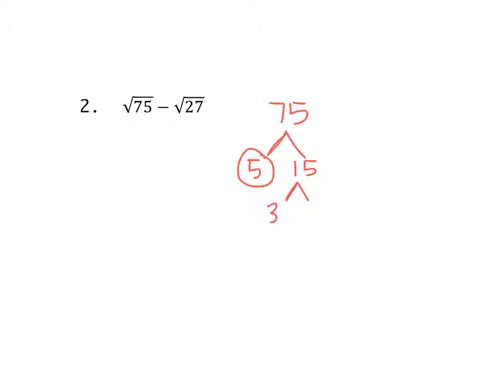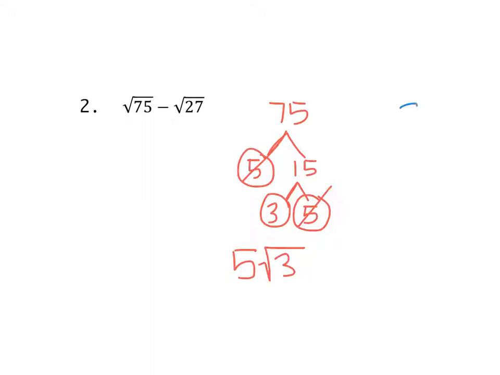So 15 is 3 and 5. 3 is a prime, 5 is a prime. Do we have any pairs? Yes, we have 1 pair of 5's. So 5 goes on the outside. Cross out the entire pair, and what do we have left over? 3.